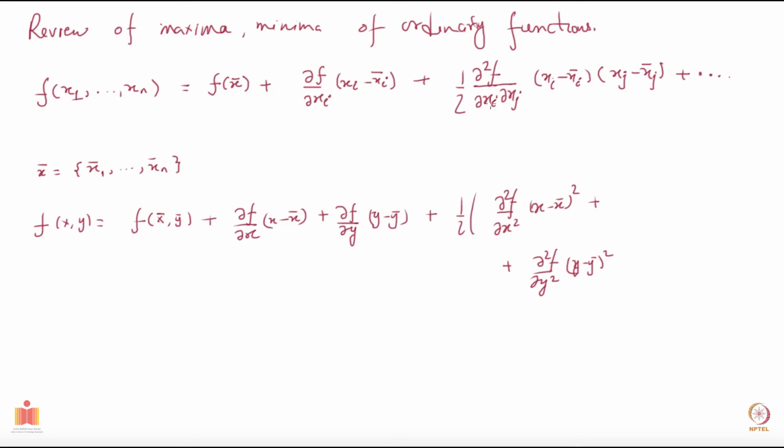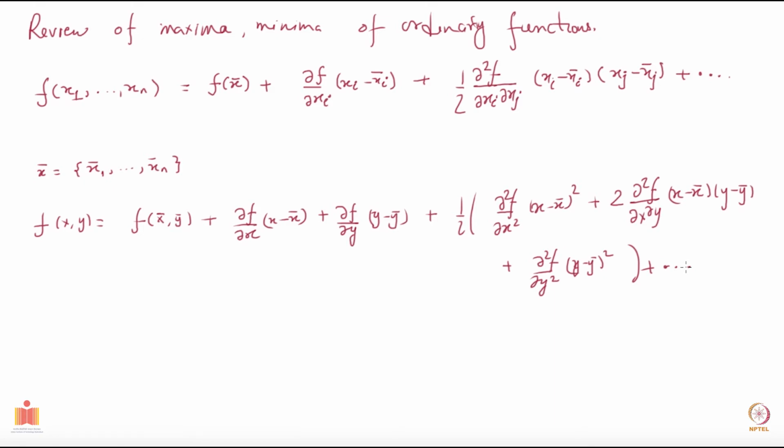And the third term is where you have one of them as x, another one as y, but they are going to come twice because there is a summation over i and j. So you get a factor of 2, del 2 f over del x del y, times x minus x bar and y minus y bar, and plus all the higher order terms.